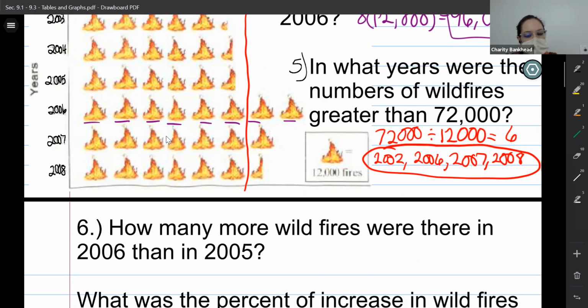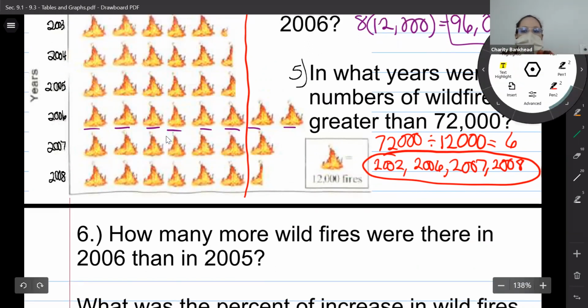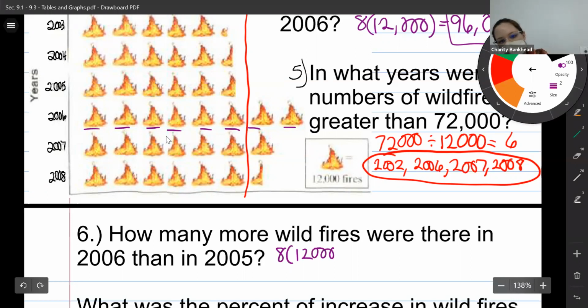Number 6 says, how many more wildfires were there in 2006 than in 2005? So 2006, you have 1, 2, 3, 4, 5, 6, 7, 8. 8 times 12,000 is 96,000. Oh yeah, we already answered that in the previous question. So okay, 96,000. And then for 2005, we have 1, 2, 3, 4, 5.5.